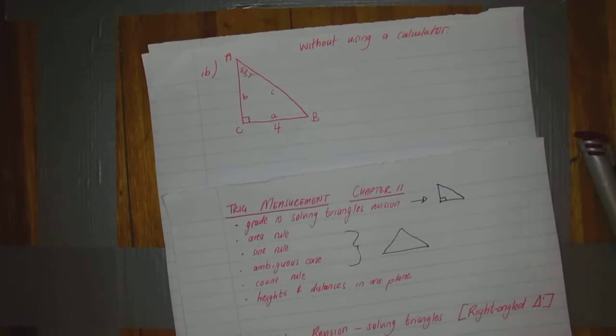They can also say to you, without a calculator, you will need to work out the following. So if I have triangle ABC given that side BC has a length of 4 and angle A has a size of 53.7.